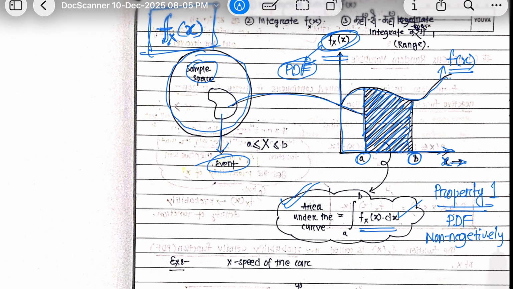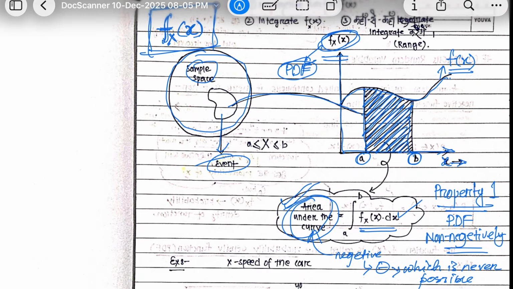Non-negativity, because this is an area, and if a function were negative, the area would be negative, which is never possible.